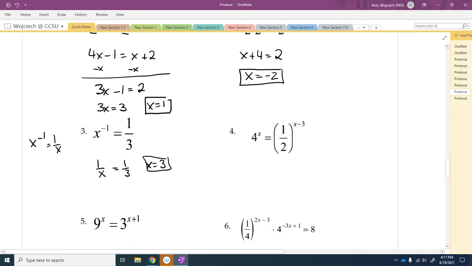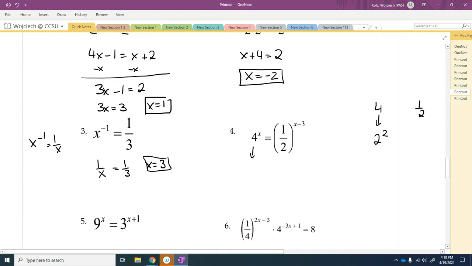All right, question number 4. A little bit tricky, okay? So one base is 4 and the other base is 1/2. You want to get the same base. Okay, so I'm gonna give you a hint. You can rewrite 4 as 2 to the second.